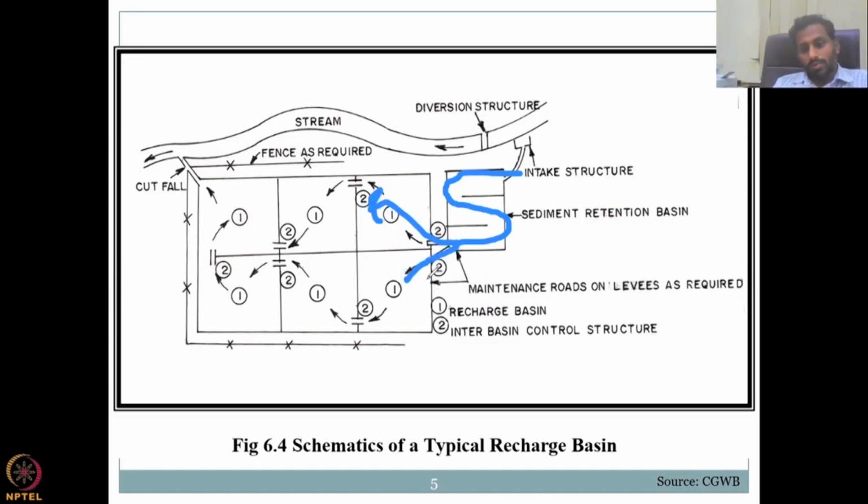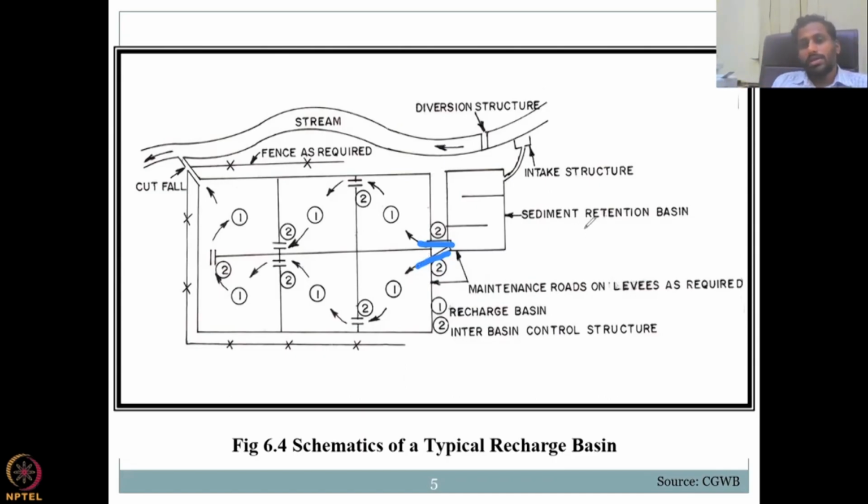Okay, so what is happening is this entire thing is called a recharge basin, where number 1 is these small segments of the recharge basin where recharge is occurring, and then there is an interbasin control. These networks or canals or tubes, whatever it is, take water from one section to the other section of the recharge basin.